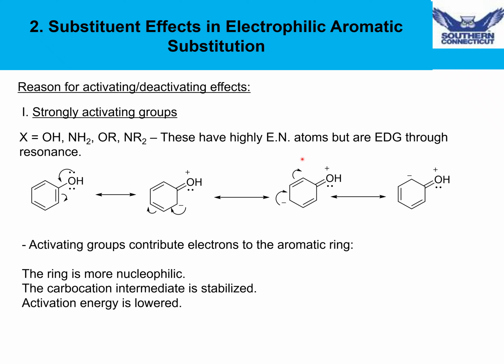Again, these functional groups make the ring more electron rich, which means it's more nucleophilic. It means that the carbocation intermediate is more stabilized, and it means that the activation energy for the rate determining step is lower.